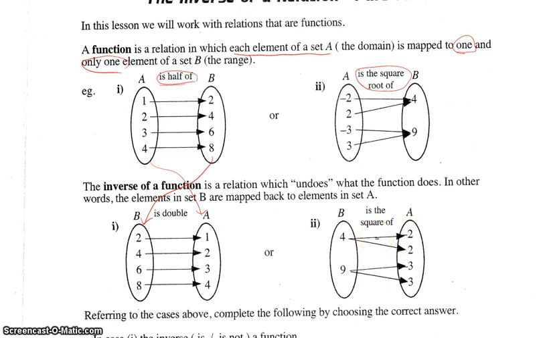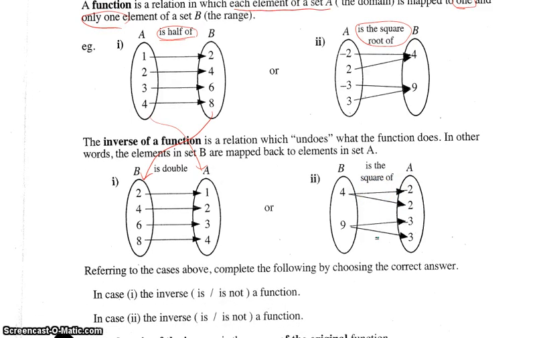Now, let's talk about what's a function. In the first case, this one here, the inverse is or is not a function. For one element in the domain, there is one and only one element in the range. Well, that seems to be true, so it is a function.